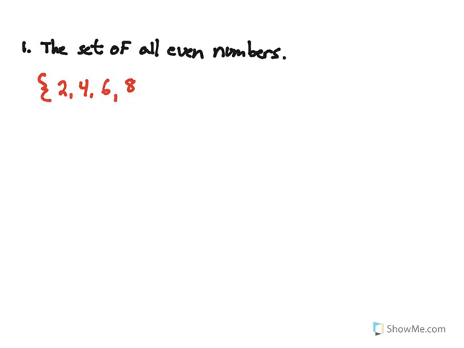Of course, all even numbers go on into infinity, so that's with the little dots there at the end indicating that this set goes on forever. The set of all even numbers, right?